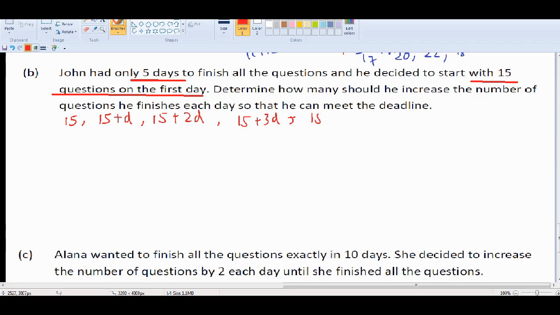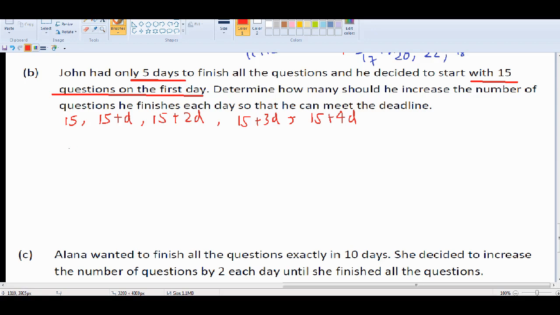And when we add all these up, the number of questions he has done should be at least 100. Okay, right? So let's see how we could solve this by using the rule we've learned.